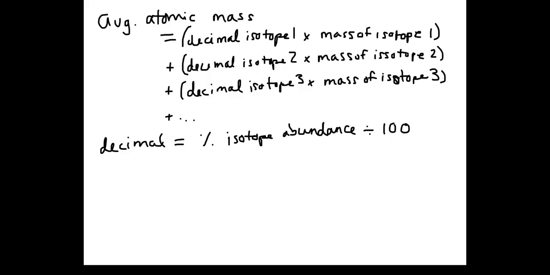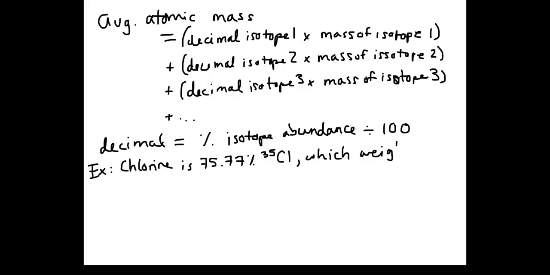So for example, chlorine is 75.77% chlorine 35, which weighs 34.97 AMU.